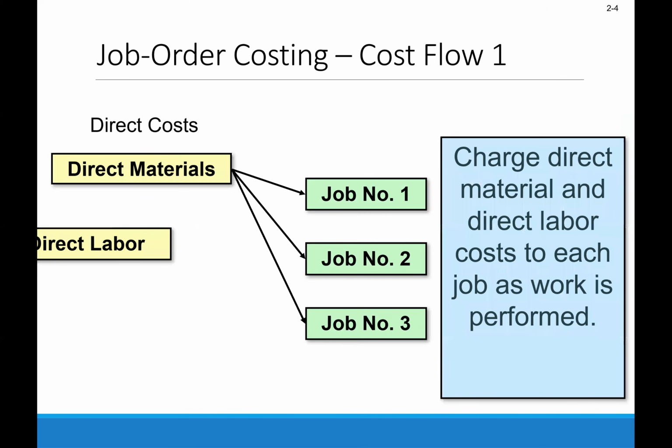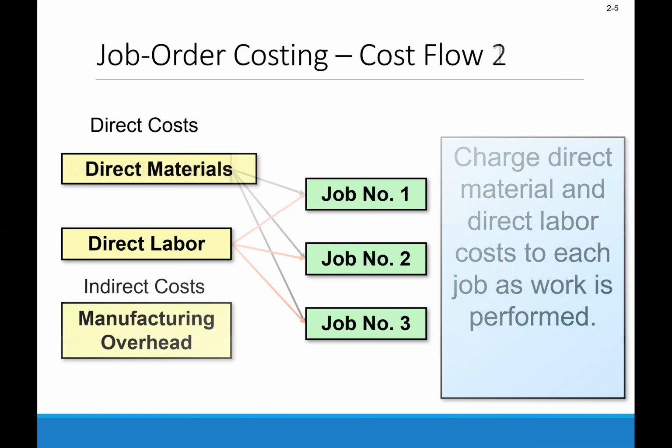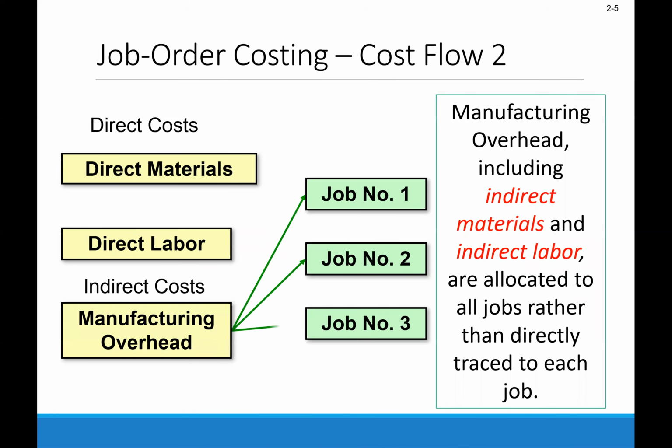So, in this case, the direct materials need to be charged to the specific jobs they're going to. The direct labor needs to be assigned, directly showing the cost for the jobs they were working on.